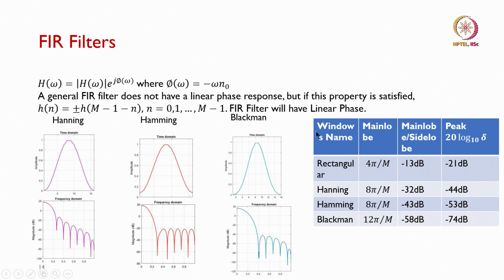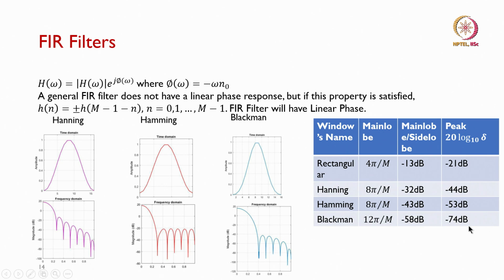So, we discussed how we can design our FIR filter in the digital domain using the Hanning window and then the Blackman window, with different responses depending on what you want for the peak, that is minus 20 log delta, whatever cutoff you want to have, whether you need 21 dB down, or minus 44 dB, or up to 74 dB that Blackman can give.